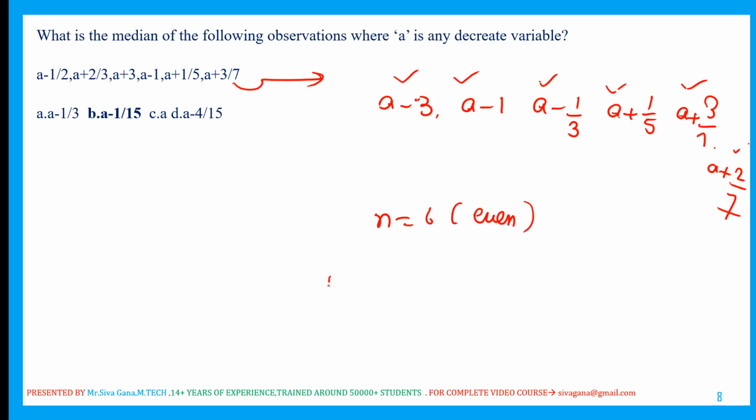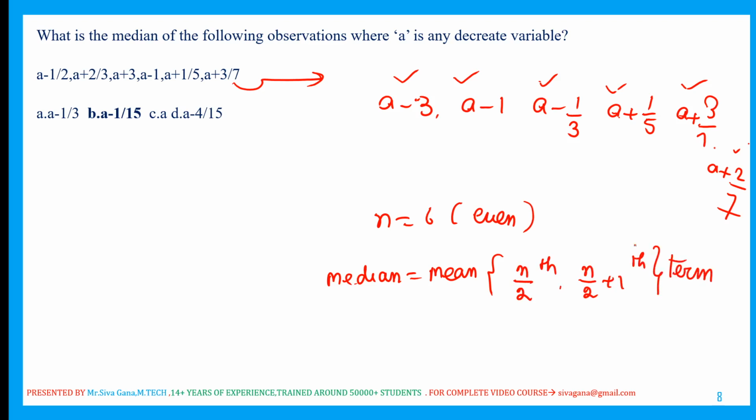If number of terms are even, median is equal to the mean of the n by 2th term, comma, n by 2 plus 1th term. Here n is 6, so 6 by 2 is the third term, comma, fourth term. The average of the third and fourth terms.